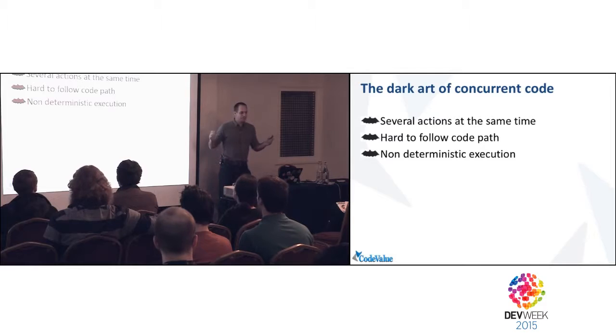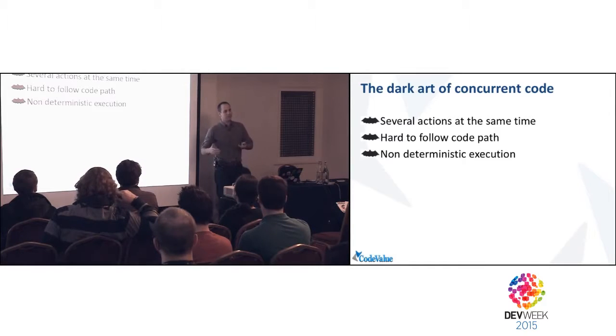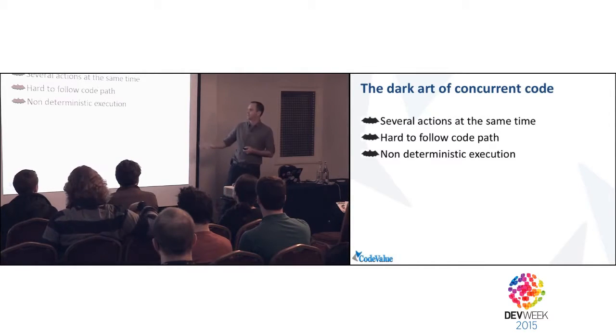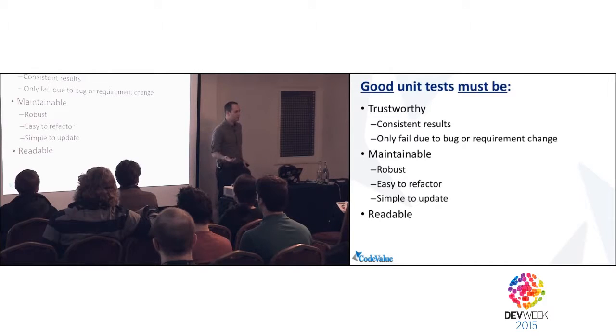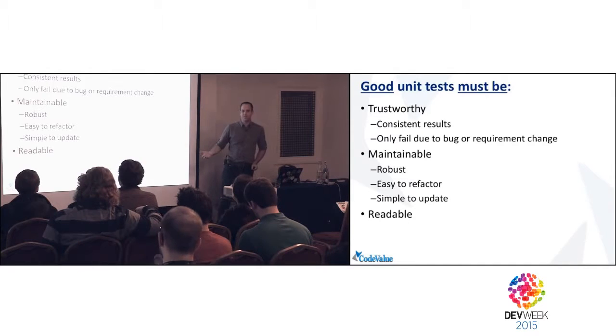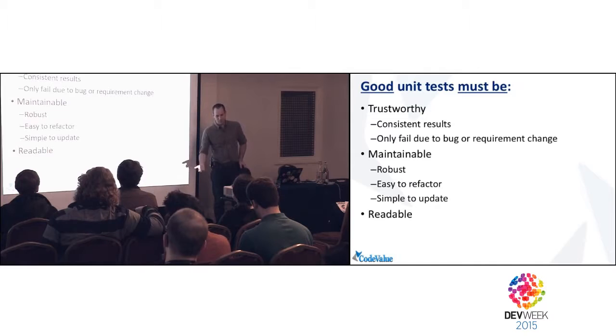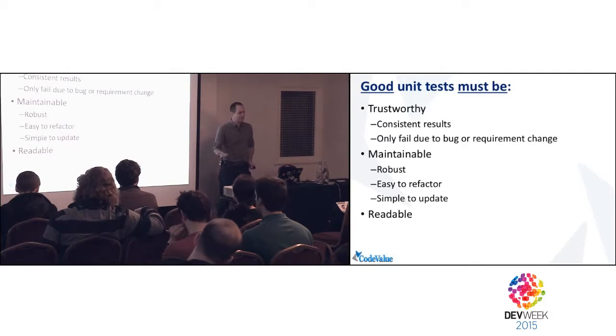And unit tests have a specific set of rules of what consists of a good unit test. It should be trustworthy. When a unit test fails, I want to know that a bug just entered the system or requirement changed, and that's it. I don't want my test to fail from time to time, which could happen when you play around with threads.